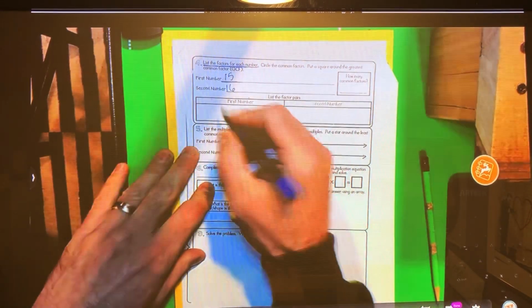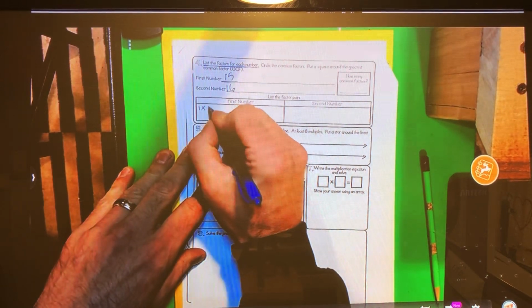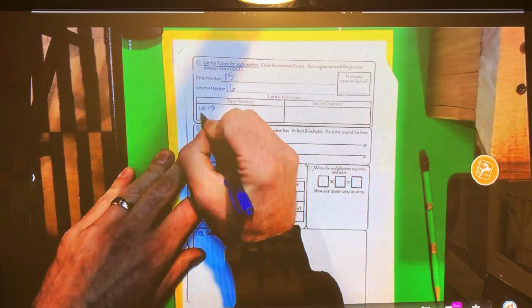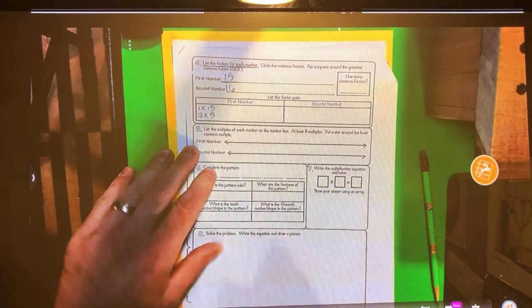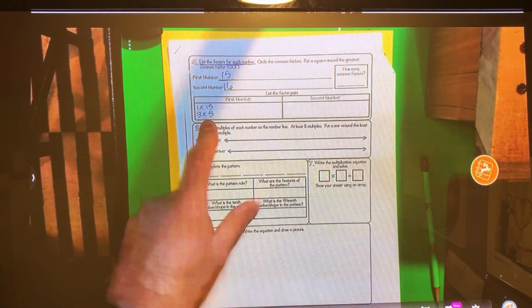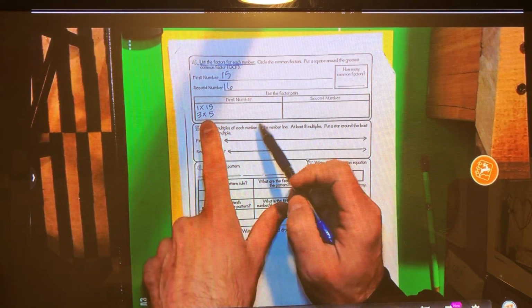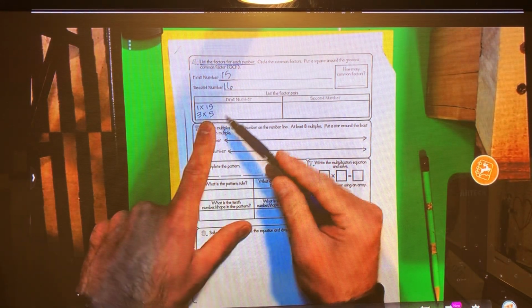So for 15, the first factor pair that comes to mind is 1 times 15, and 3 times 5 is that second pair. In these situations, when you're listing factor pairs, you do not need to list the commutative property.